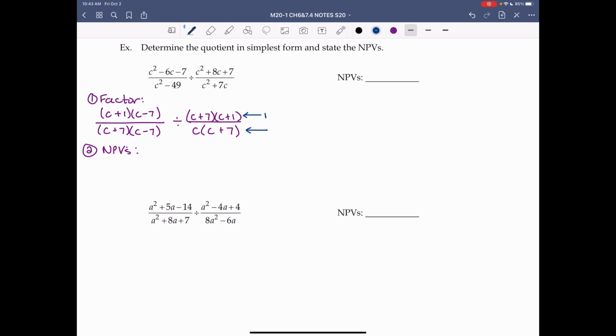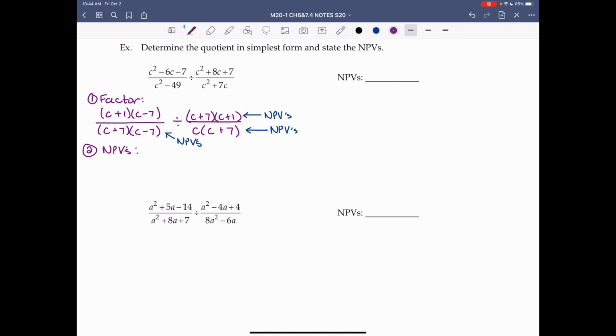So we have to do NPVs for both the top and the bottom of the second fraction, and then also, as normal, the bottom of the first fraction or any other fractions that are in there. Any fraction that you're dividing by, you're going to be multiplying by the reciprocal, so you have to state NPVs for the numerator and denominator for those fractions.